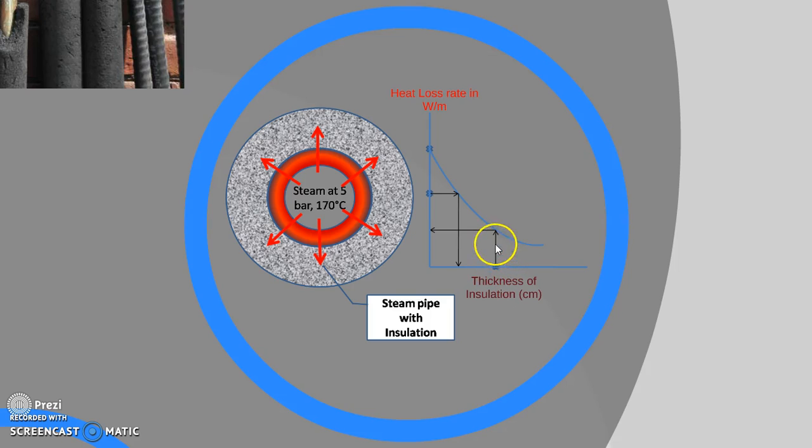From this point we can draw one vertical, and this vertical will intersect the curve somewhere here. From this point we can plot one horizontal, and it will intersect at this particular point. So we can say that with this 3 centimeter thickness of insulation, we will get this particular amount of heat loss rate in watts per meter. We can identify here that without insulation we have a very high heat loss rate, and with insulation this heat loss rate has reduced to some very significant value.